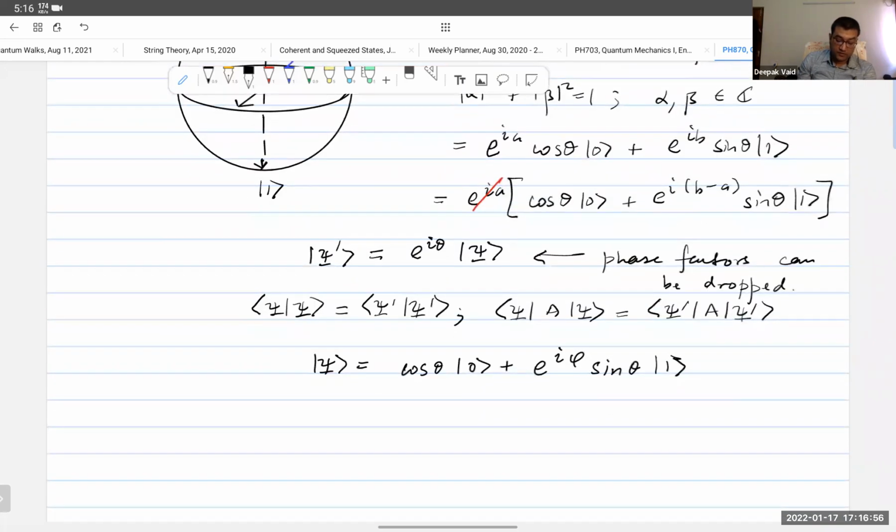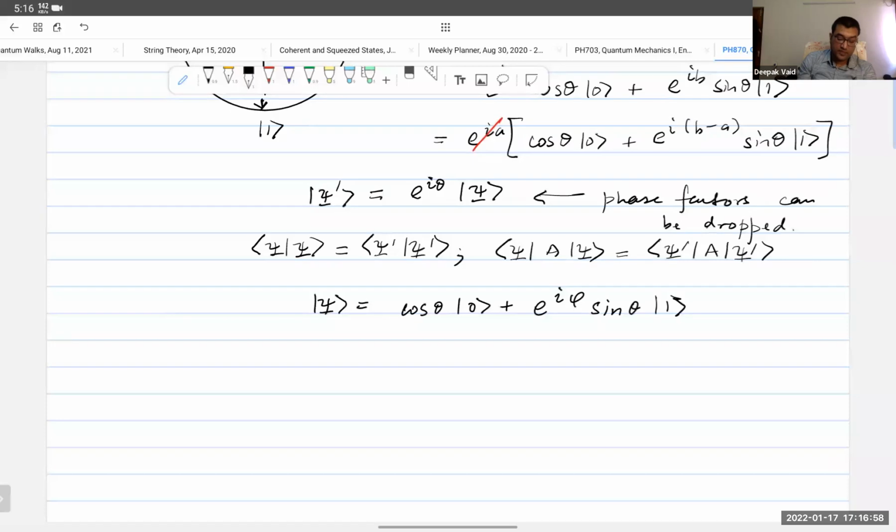Now, what is wrong with this parameterization? Why can't we just use this cosine theta and sine theta, right?